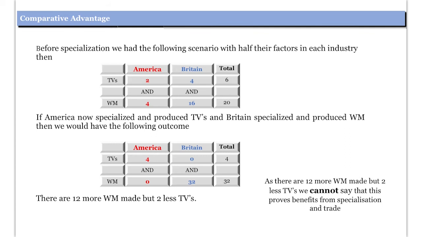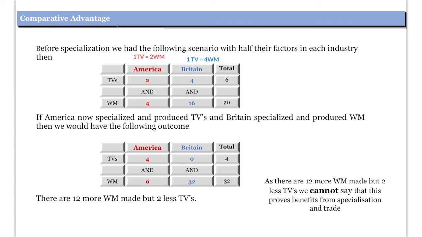So we'll bring in here the opportunity cost of televisions in America, and then in the UK, the opportunity cost of washing machines. What you can see is that in America it's 1 to 2, and in Britain it's 1 to 4.